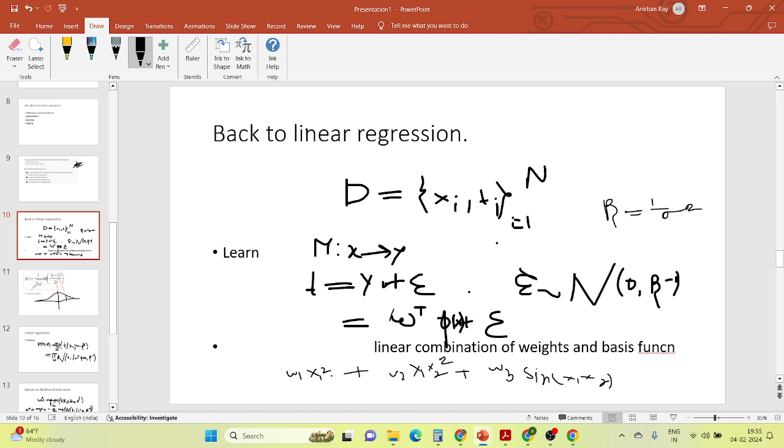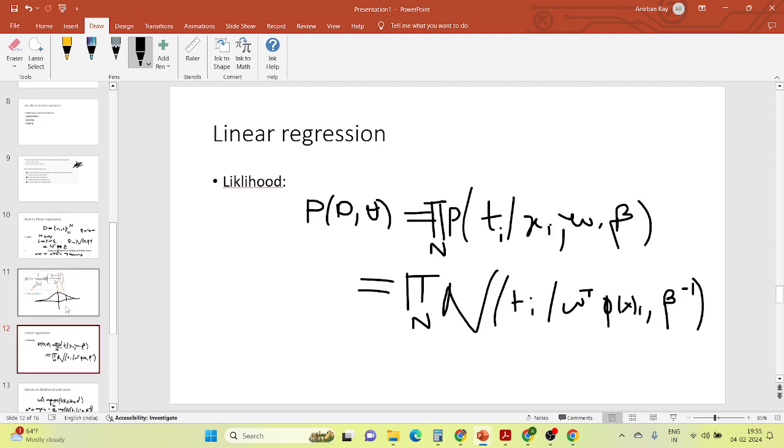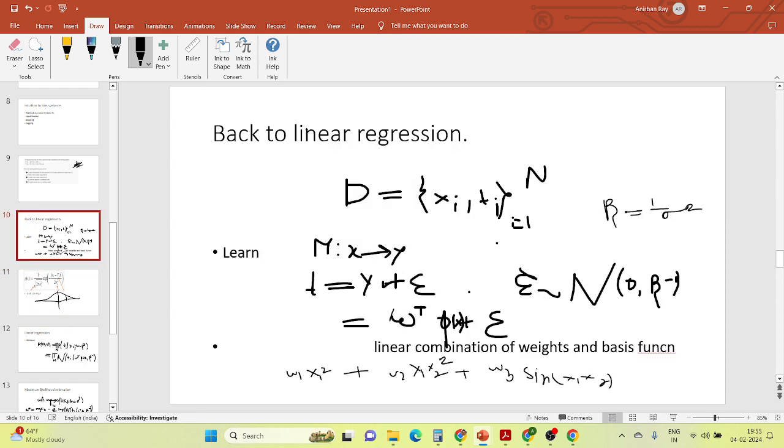A linear combination of that. So what does it mean? Any type of product between the parameters, the weights and the basis function, and the sum of these, becomes the linear combination. So the basis functions are like the x or the features which span the entire space in which y lies.